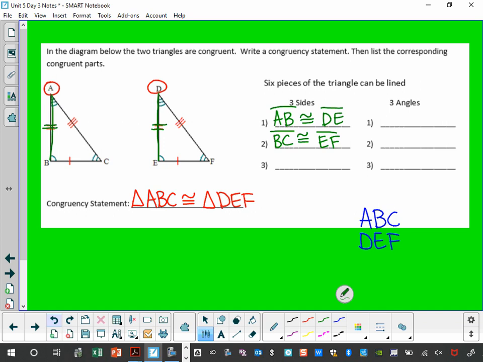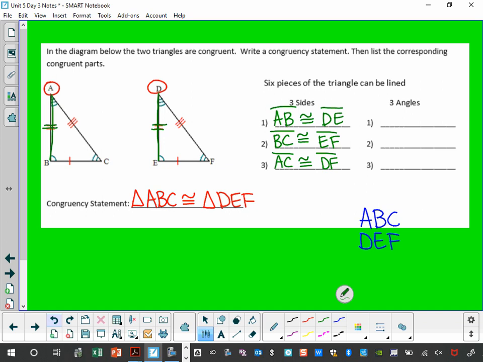It always is going to match up. And so the last one is AC. What is AC congruent to? DF. Okay, AC is congruent to DF.